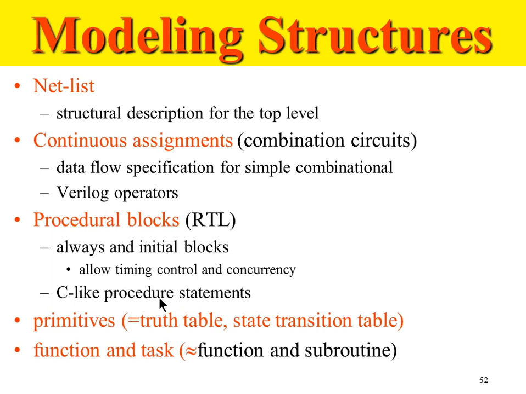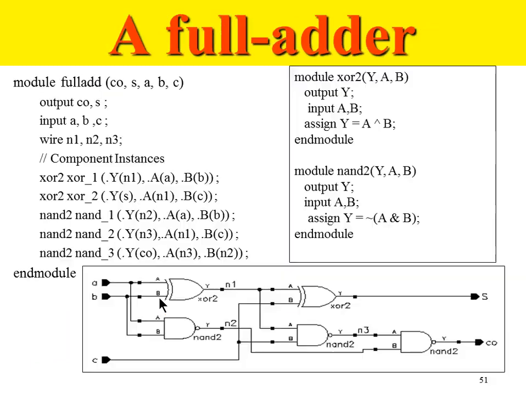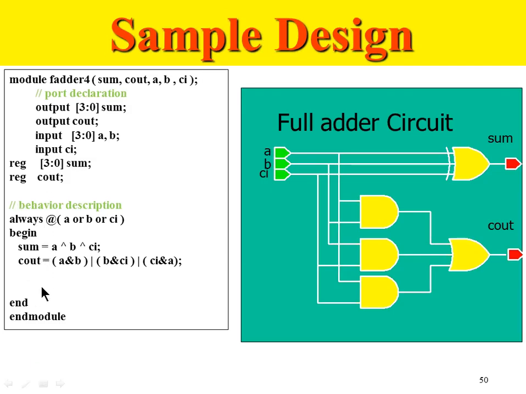So anything inside the always block or anything inside the initial block is sequential execution. In this case, inside this always block there are two statements. First, this statement will be executed, then the cout statement will be executed. Anything inside the always block is sequential. Now in this design, we only had one always block. Imagine that we have three always blocks for some design: always block 1, always block 2, and always block 3.